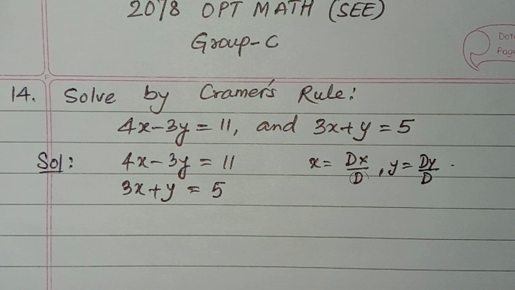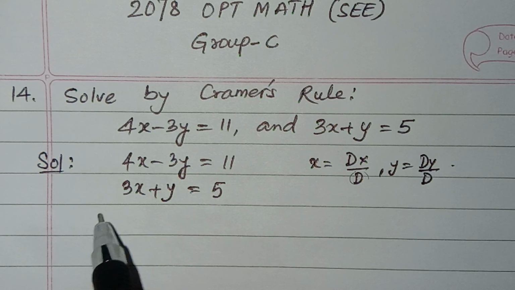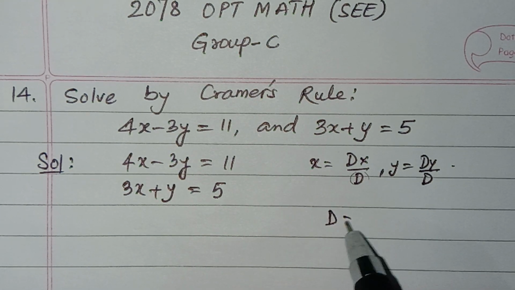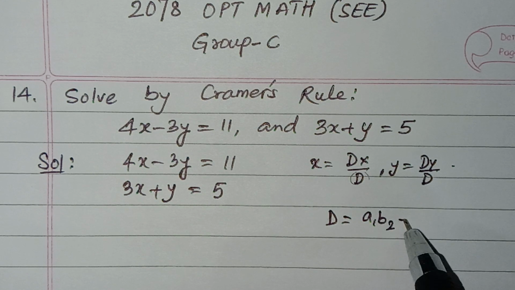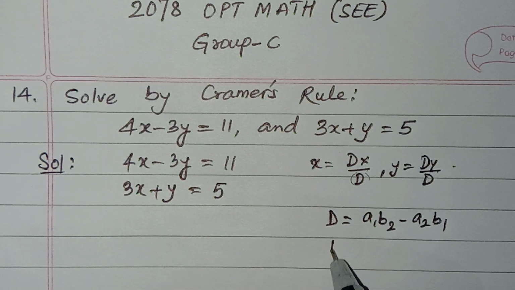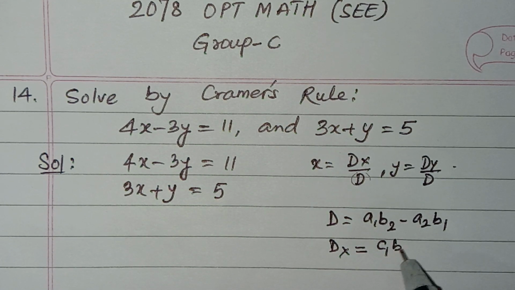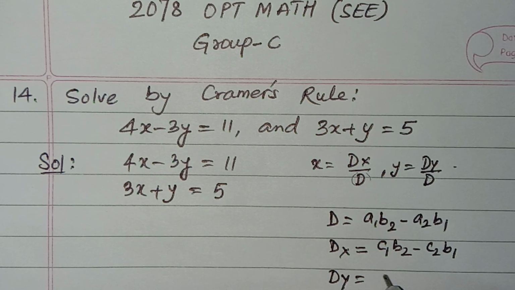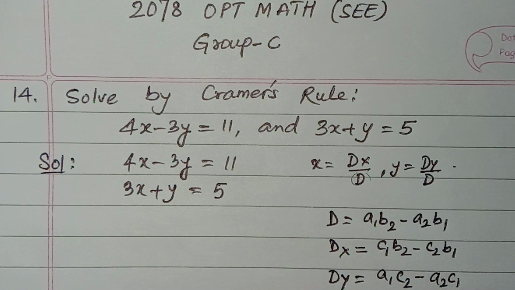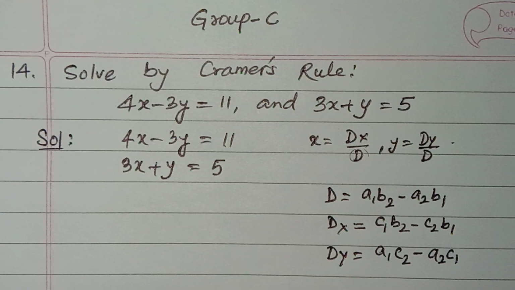So how do we find that? d is a1 b2 minus a2 b1, dx is c1 b2 minus c2 b1, and dy is a1 c2 minus a2 c1. These are the determinants, and also we can write them in matrix order.